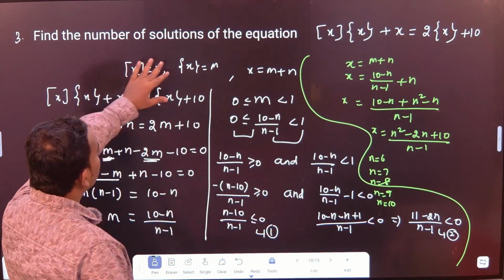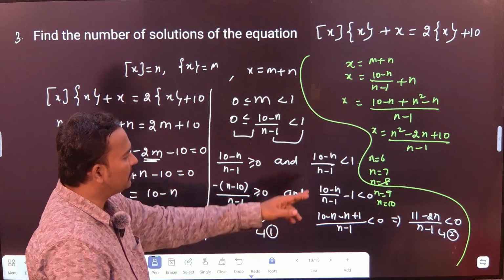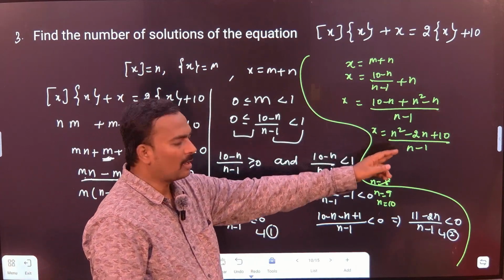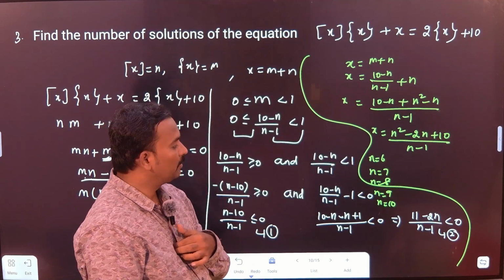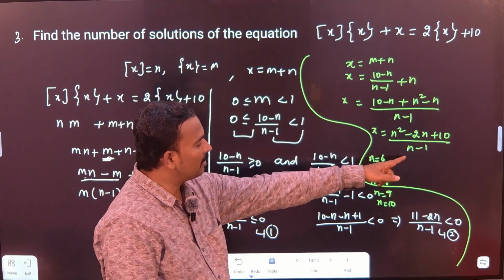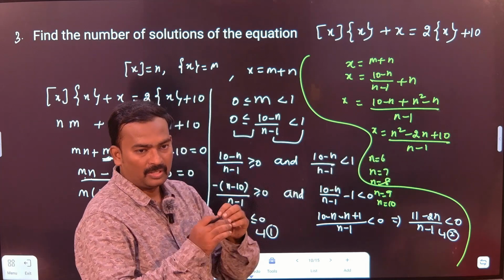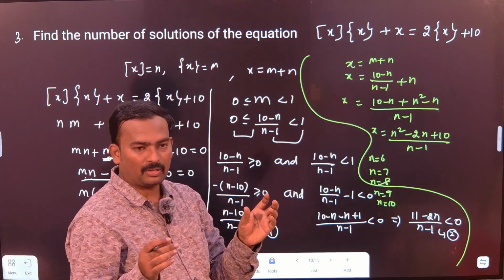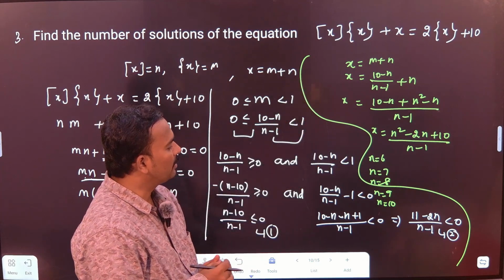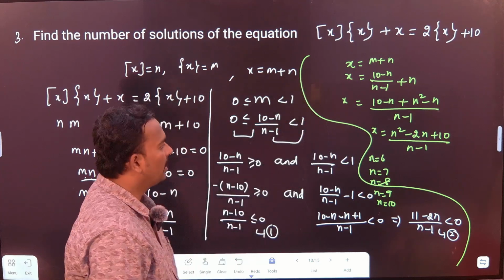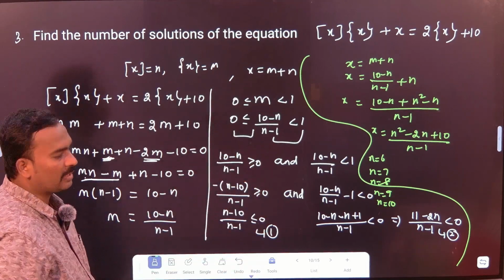So the number of solutions of the equation is 5, because x depends on n. However many n's there are, that many x's will be possible, because for all these values of n the denominator is defined. Different n value, different x value is possible. Therefore the number of real solutions is 5. I hope everyone understands, right? You can do it. Find the exact value of the real number.